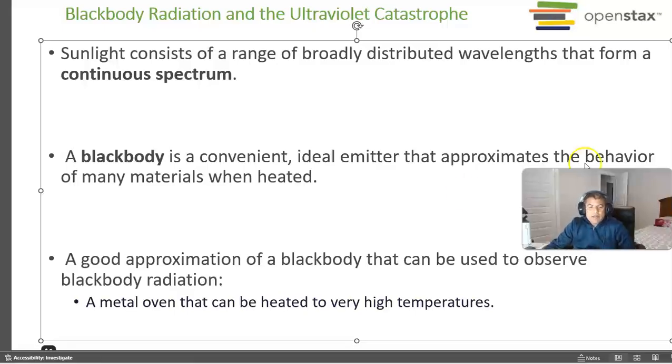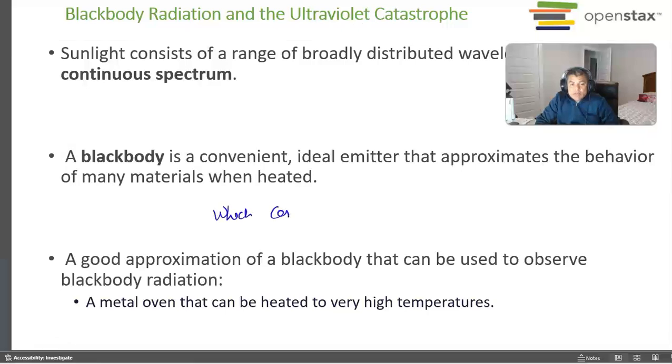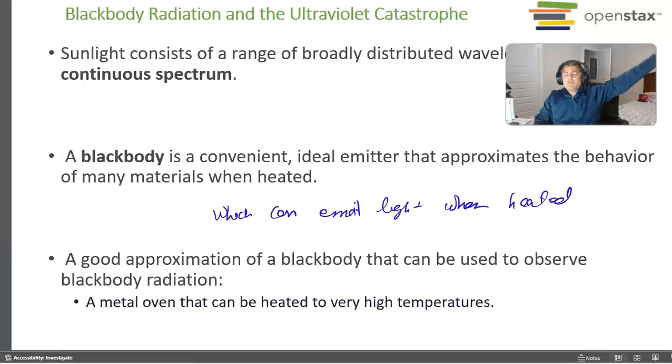A black body is a convenient ideal emitter that approximates the behavior of many materials when heated. It can emit many spectra of light, not only white light. It can produce many types of light.